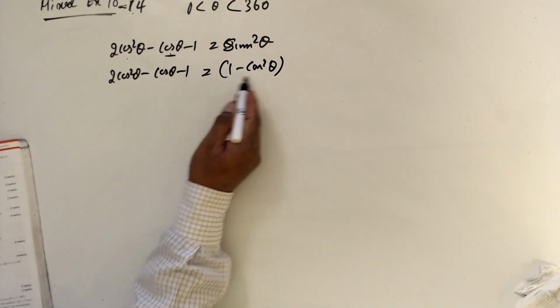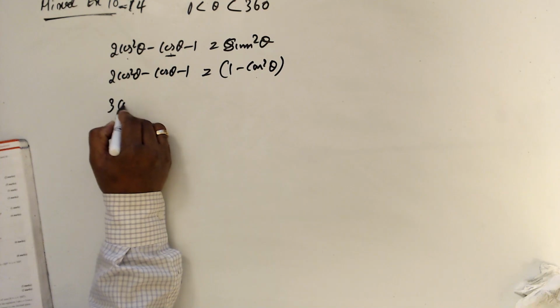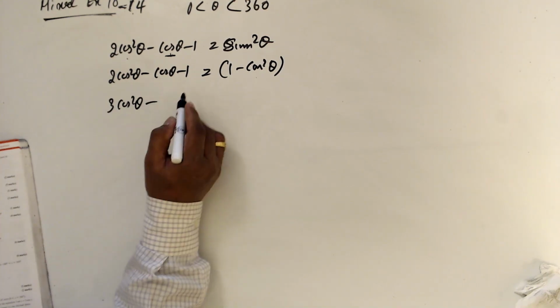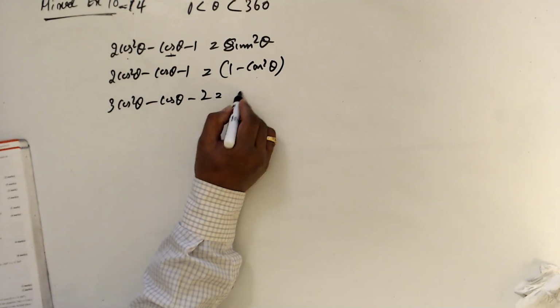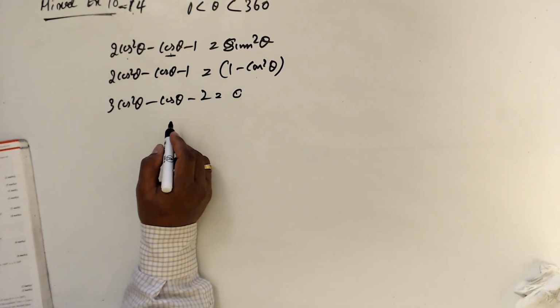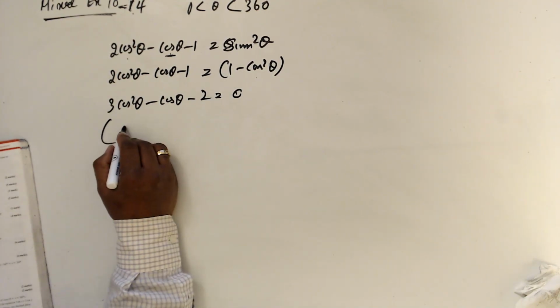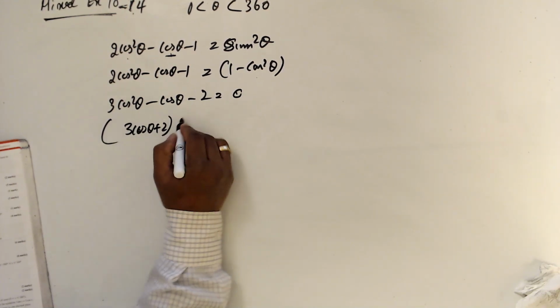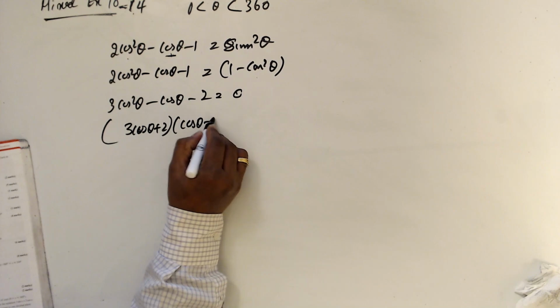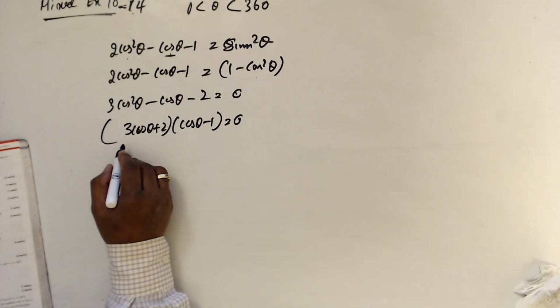So this will become 3 cos square theta minus cos theta minus 2 equals 0. When you factorize this, (3 cos theta + 2)(cos theta - 1) equals 0.